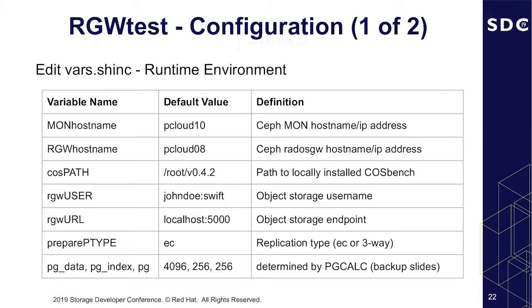It needs to know where Koz Bench has been installed because it issues the command to start the workload to Koz Bench itself. And then there's authentication information in there, endpoint information, whether you're using three-way replication or some form of erasure coding. And then, for Ceph purposes, there's PG-num information that's applied to the pools as they're created.